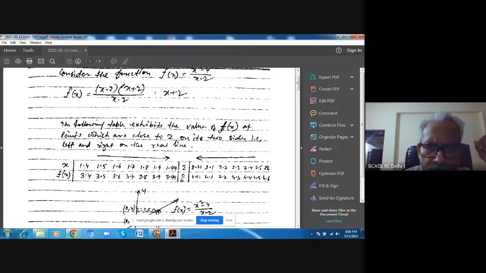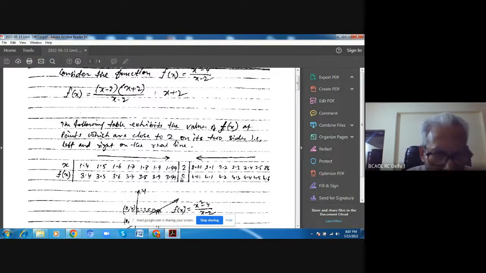Suppose we consider 2 and you see the left hand side, we are limiting to 2, then slowly on the left hand side it is decreasing: 2, then 1.99, then 1.9, 1.8, 1.7, 1.6. Slowly it is in decreasing order.